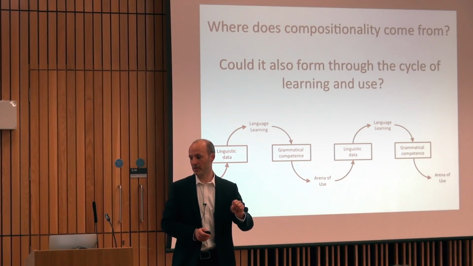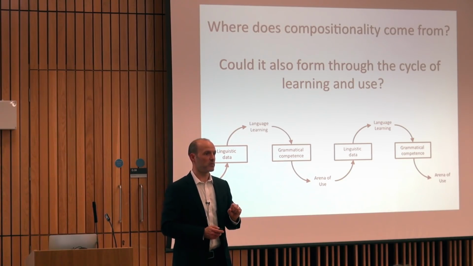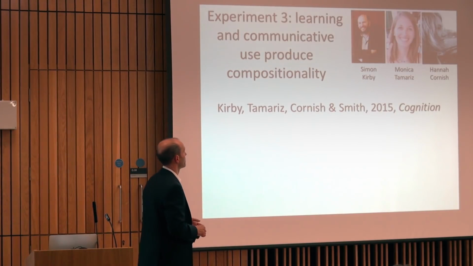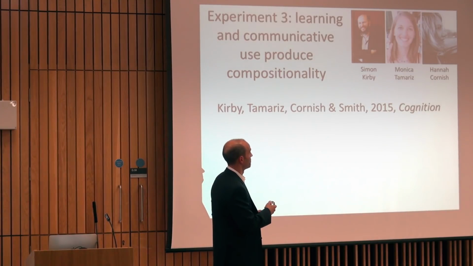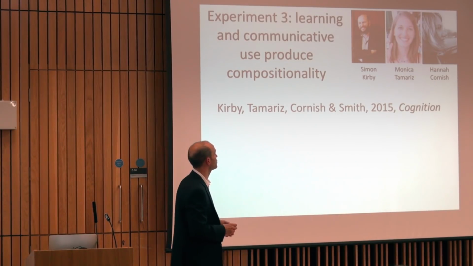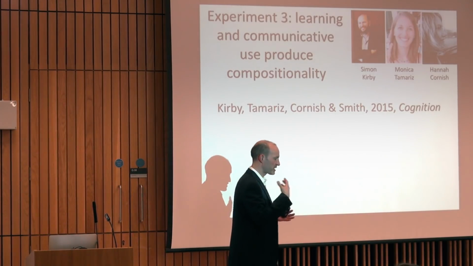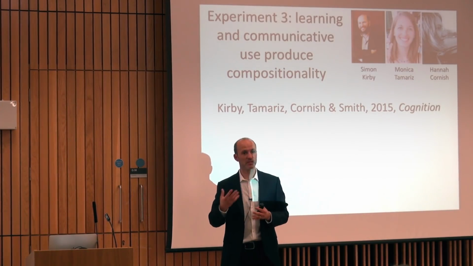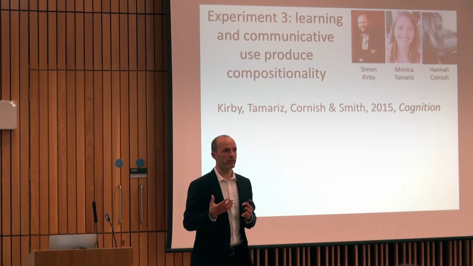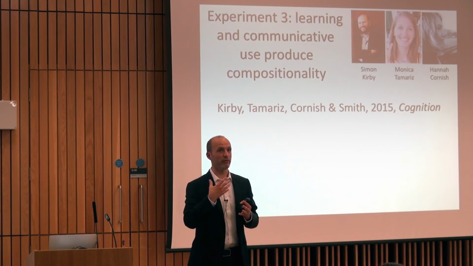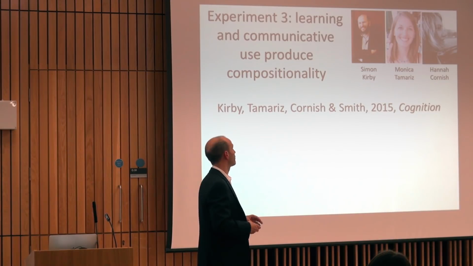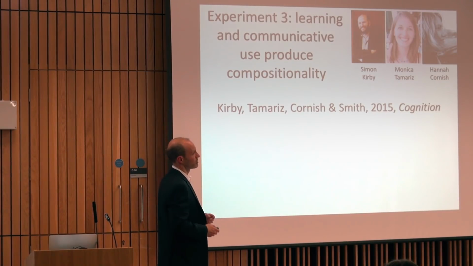Okay, so the final experiment I want to tell you about in this section, we just tested whether this was the case. This is joint work with Simon, Monica Tamriz, and Hannah Cornish. What we had to do to get this to work is, those very simple learning and recall experiments that I told you about earlier on, they don't do the job for us. If you want to see the evolution of compositional structure, then you have to add in communicative use.